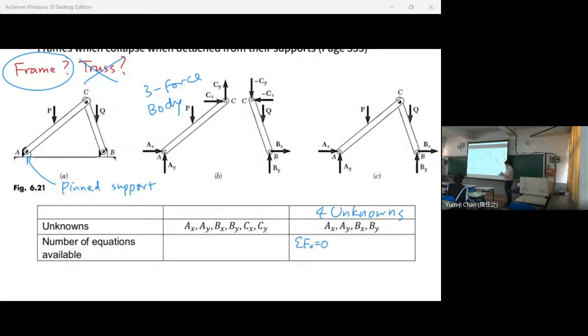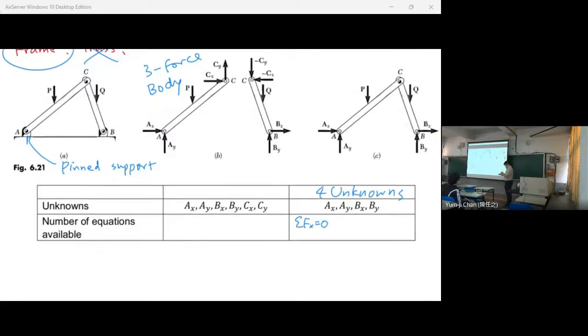Anything else? Summation Fy equal to 0, and the summation M equal to 0. So we have only 3 equations but 4 unknowns. So we cannot get all results. So this is not the way to go.